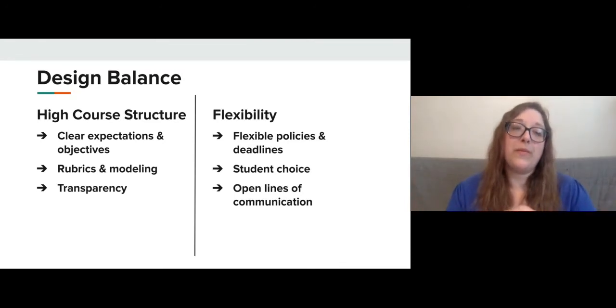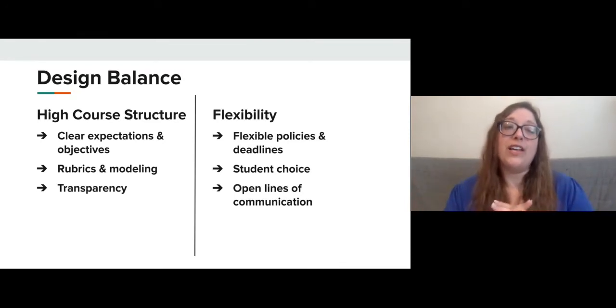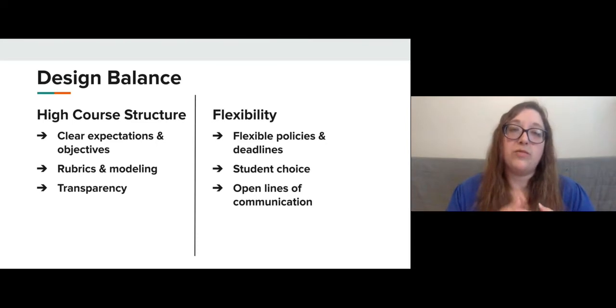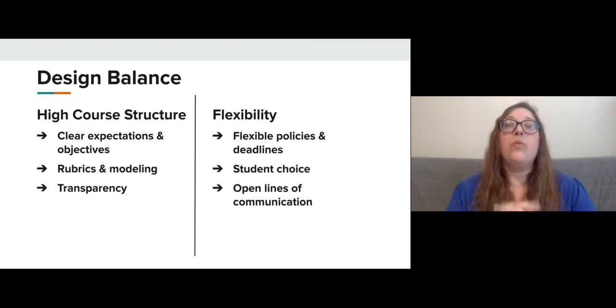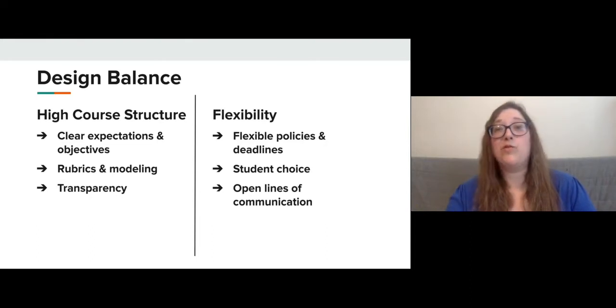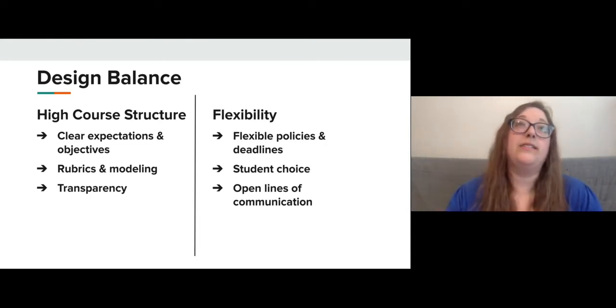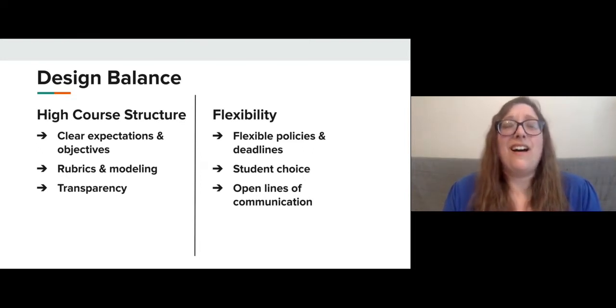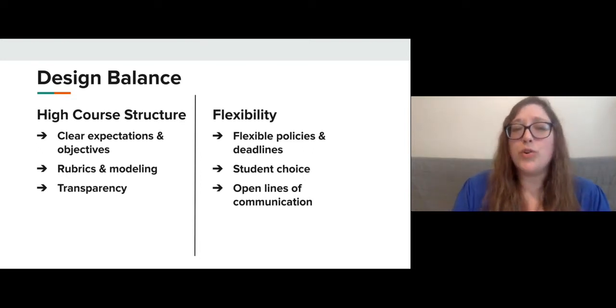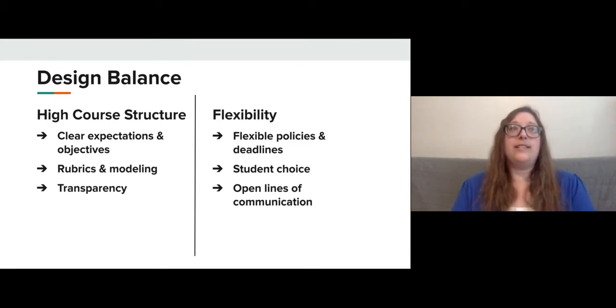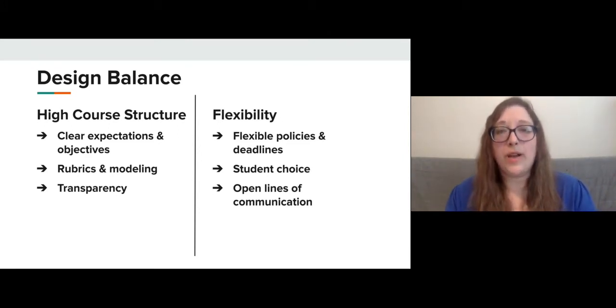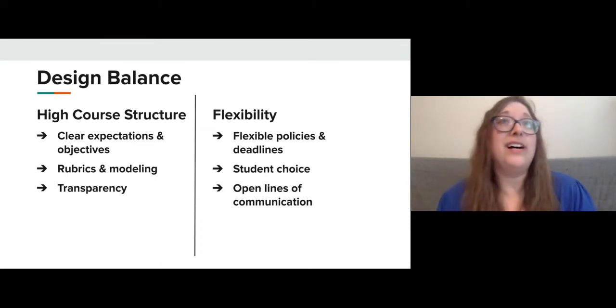What we mean when we talk about high course structure is very clear expectations and objectives. One of the things that we know from a variety of studies is that increased course structure increases positive outcomes for students from marginalized groups.